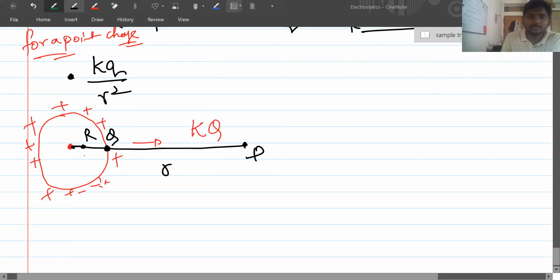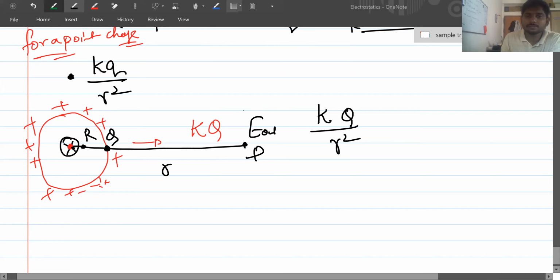So now the outside point. When it is an outside point for a hollow sphere, you can consider that the entire charge is present at the center. So k q by r square is the field intensity E outside.